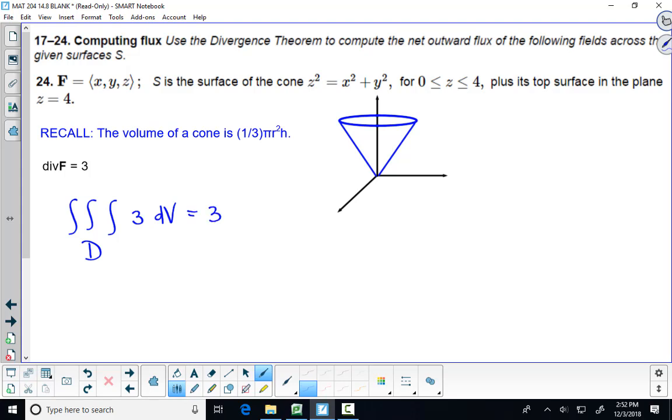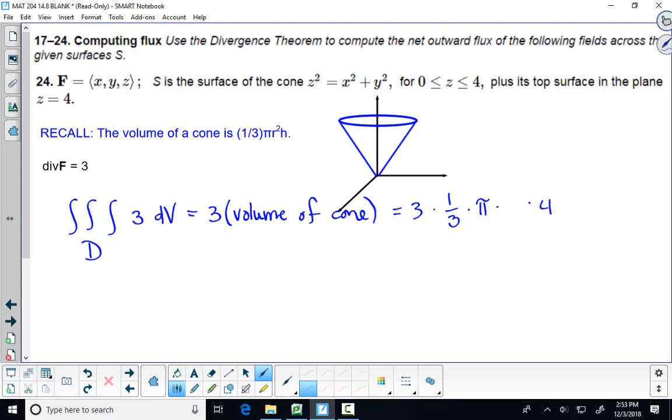This is going to be 3 times the volume of the cone. So volume of a cone is 1/3 pi times the radius squared times the height. The height of the cone is definitely 4. How about the radius of the cone?